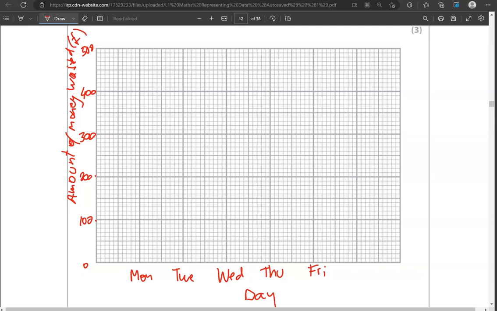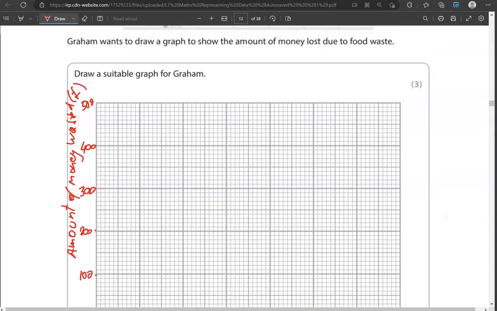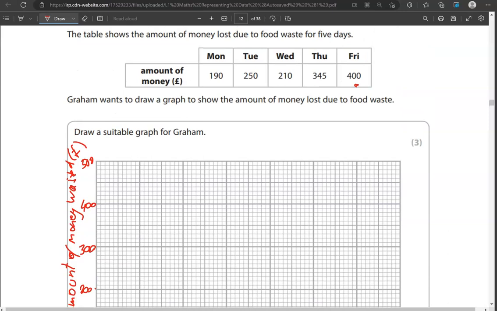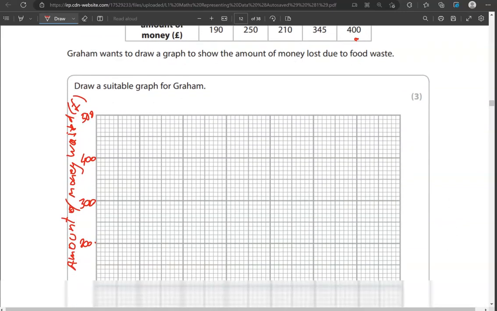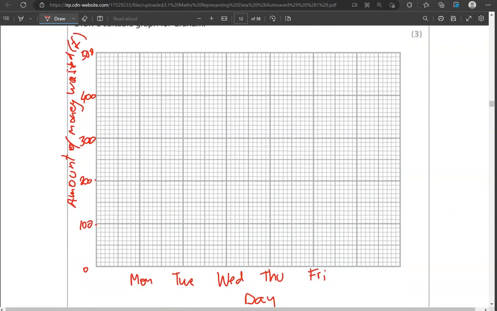So that's the amount of money wasted in pounds. For Monday, we've got £190. So that's 150, 60, 70, 80, 90.